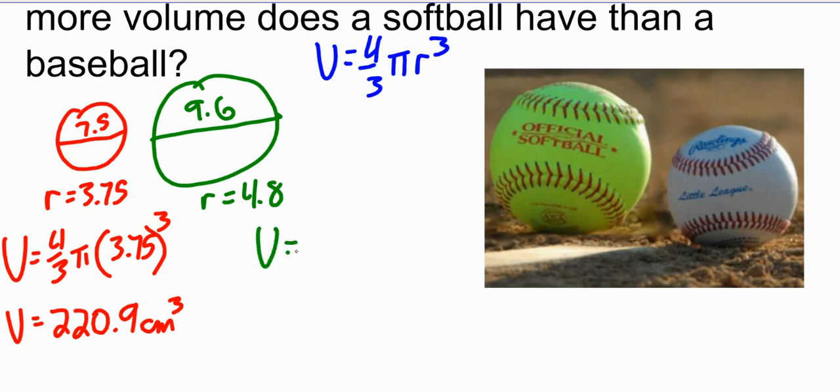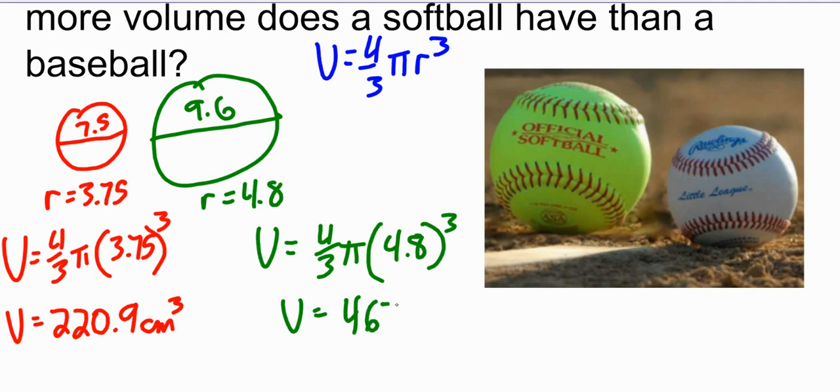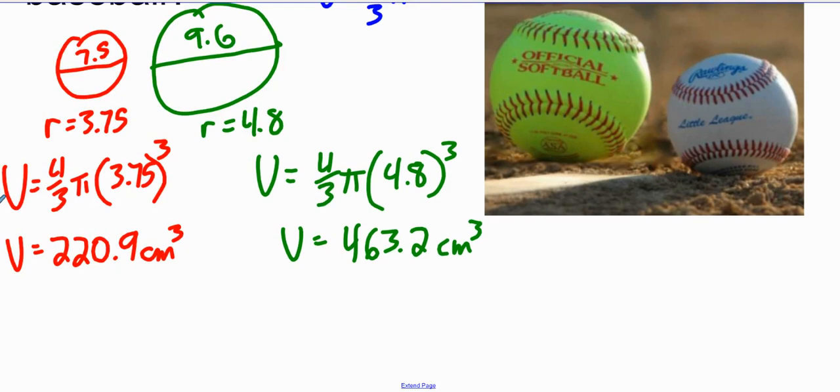And then the volume of the softball is 4/3 pi times 4.8 cubed. So that is 463.2 cubic centimeters.